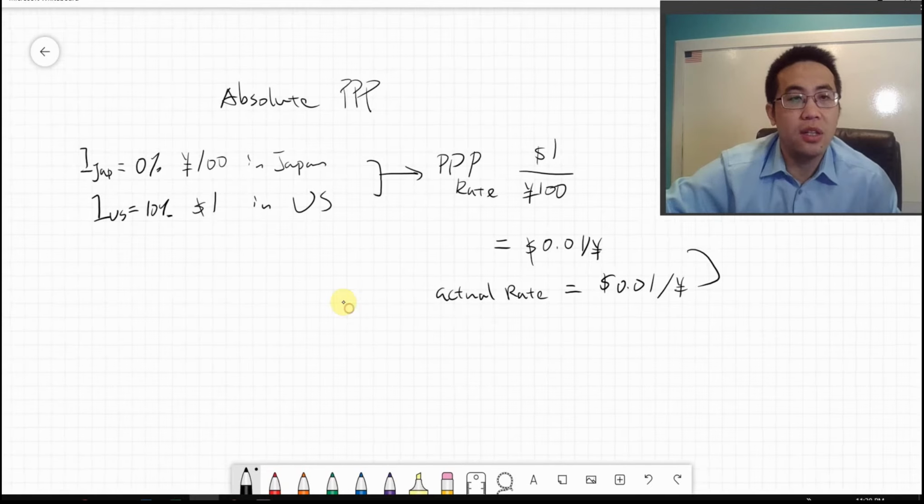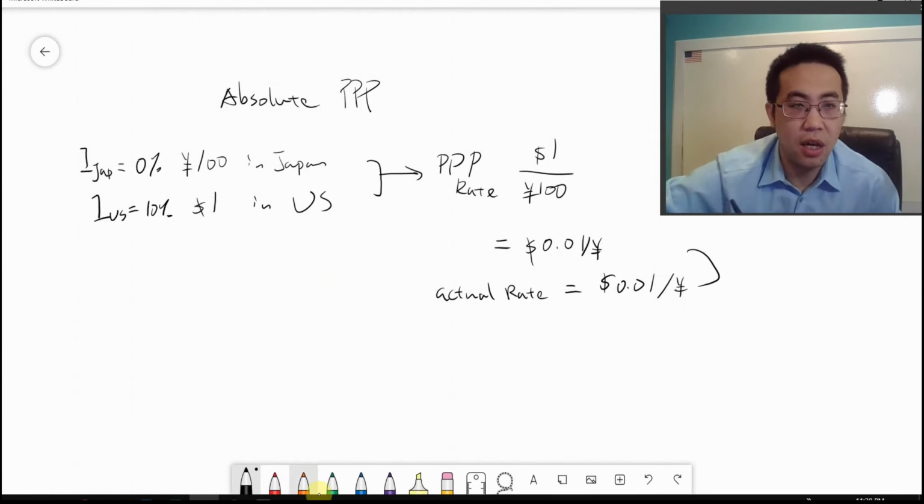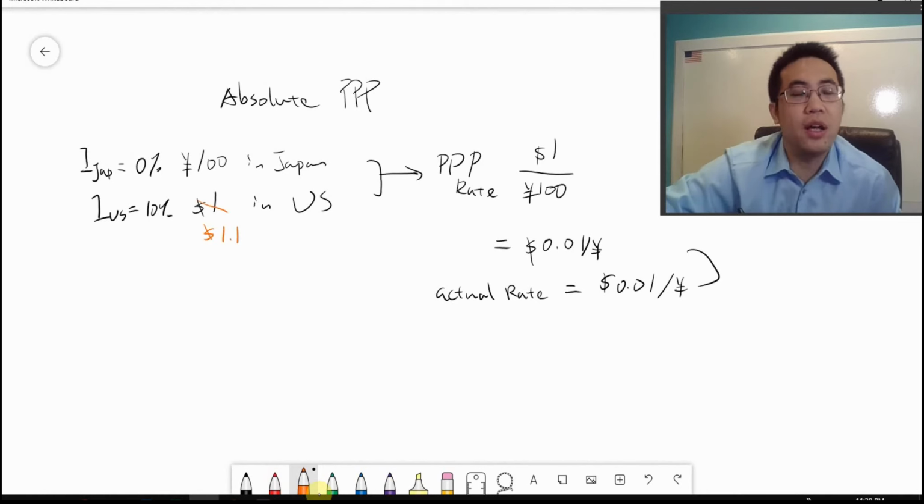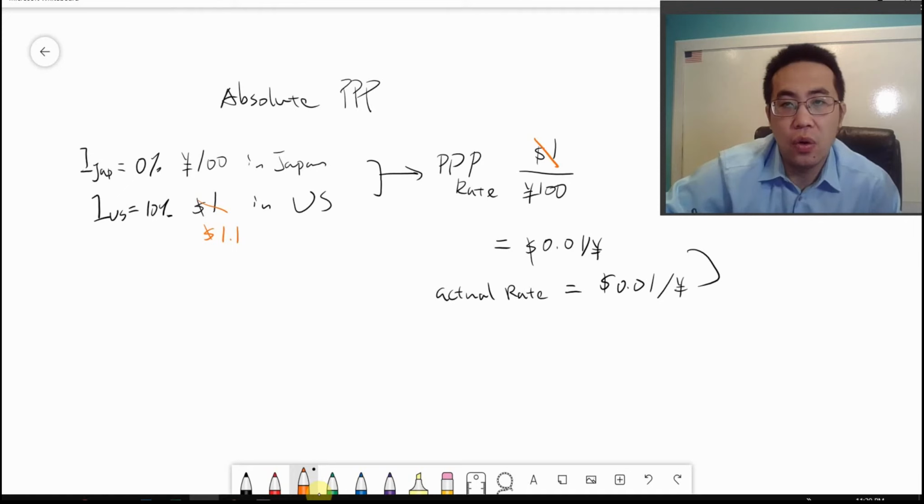If that's the case, then you would see that the dollar price would change to $1.10, and the yen price would still remain at 100 yen. And then if you calculate the PPP rate, you would exchange the old price with the new price, and that's going to make your exchange rate equal $0.011 per yen.